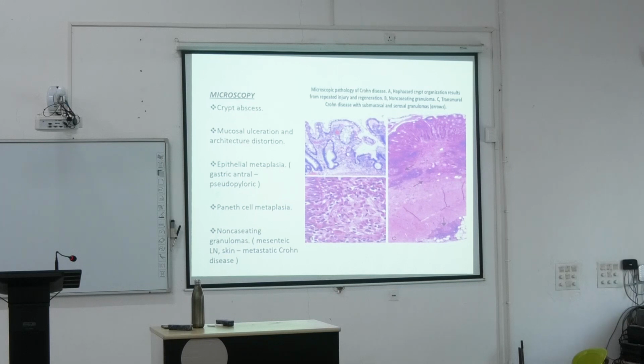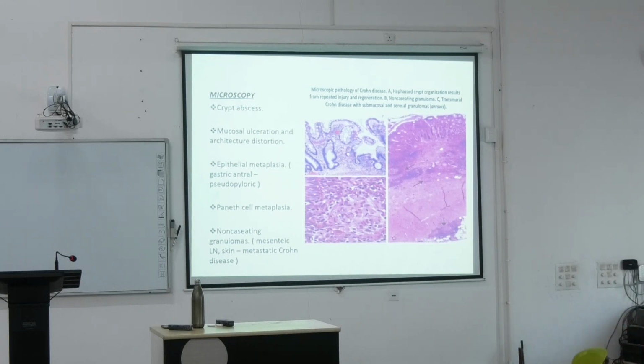Next thing is epithelial metaplasia, gastric antral metaplasia. You generally don't get gastric glands in the intestine. What is Barrett's esophagus? Squamous epithelium converted to a columnar epithelium. Is columnar epithelium native to the esophagus? No. Similarly, in the intestine, you don't get gastric glands, but here there is gastric antral metaplasia.